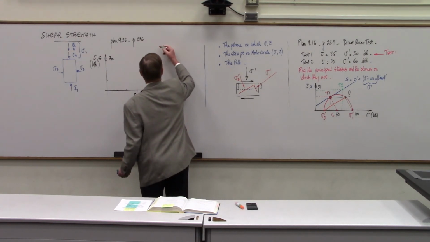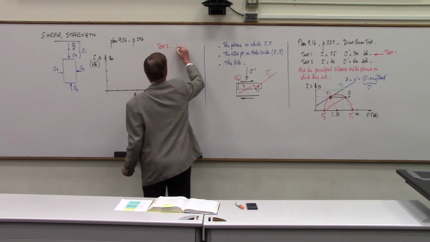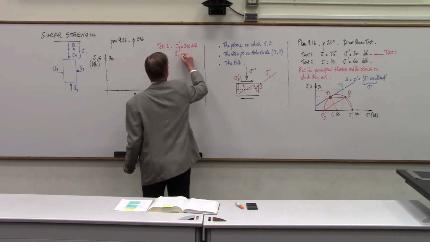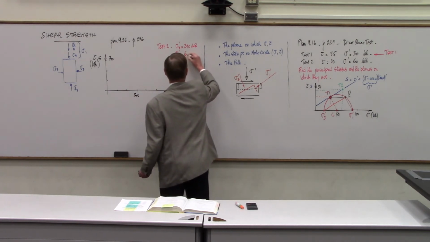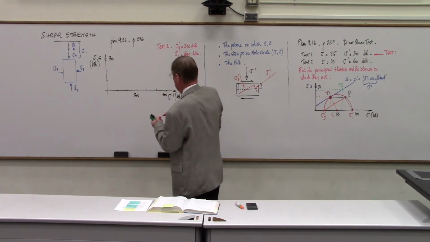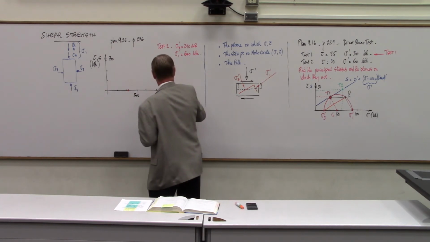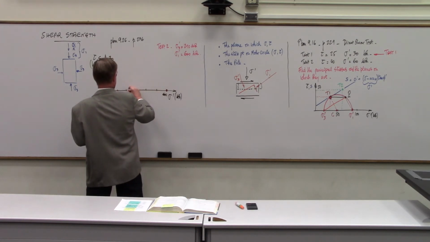So for test 2, I had sigma prime 3 equals 210 kPa, and sigma prime 1 was 600 kPa. All right, so 210 is right here, and 600 is right there. So then I can draw the Mohr circle.